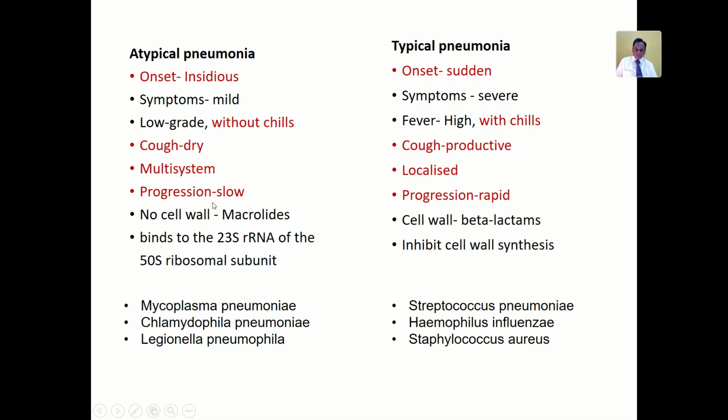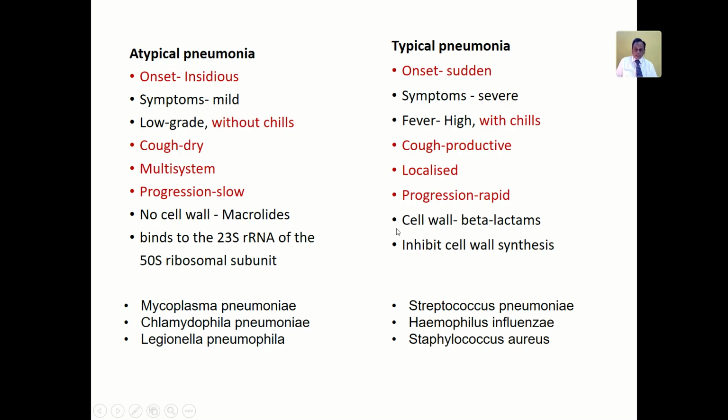This is a very, very important action. That's the reason why macrolides, particularly azithromycin and clarithromycin, are used in the treatment of atypical pneumonia, particularly Mycoplasma pneumoniae. But you should also have some knowledge about Chlamydophila and Legionella, which are relatively less common when compared to Mycoplasma.